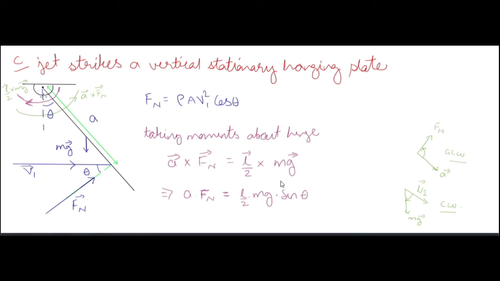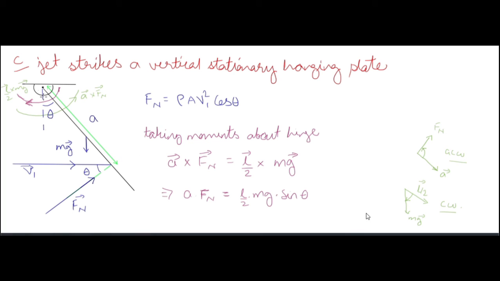So we have Fn in this direction, and this is A. We are assuming the hinge as the origin, so we are taking the position vector from that hinge. So A is in this direction.